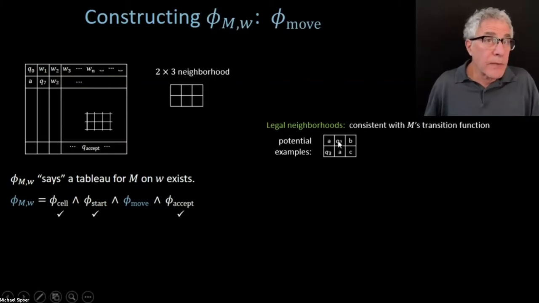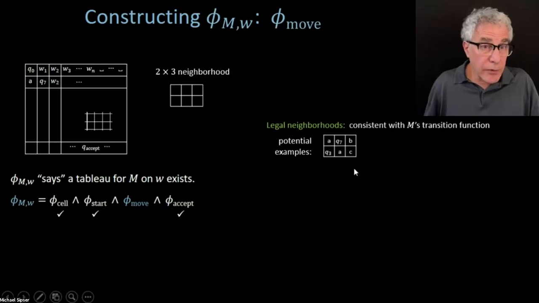So for example, if M, when it's in state Q7, reading a B, goes into state Q3 and moves left, then this would be a legal neighborhood because it shows the head moving left, the B becoming a C. So reading a B, it converts that B to a C and moves its head left into state Q3.